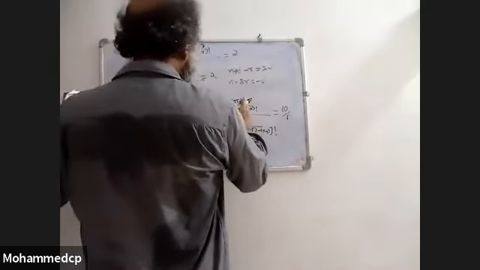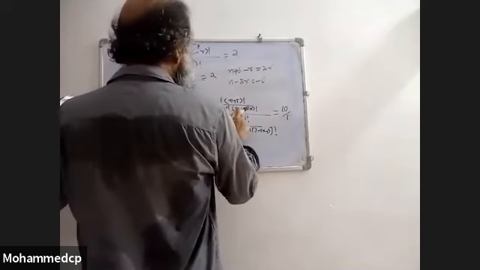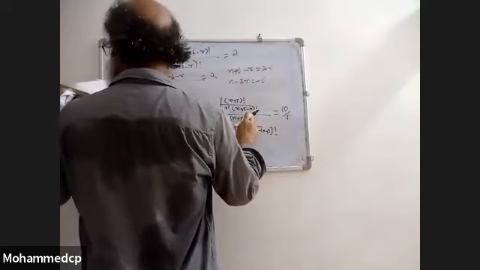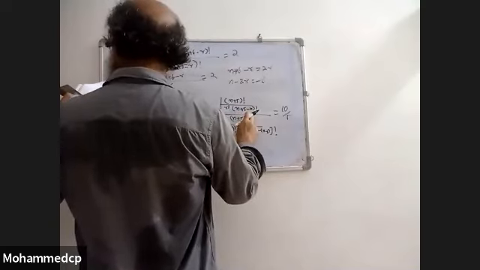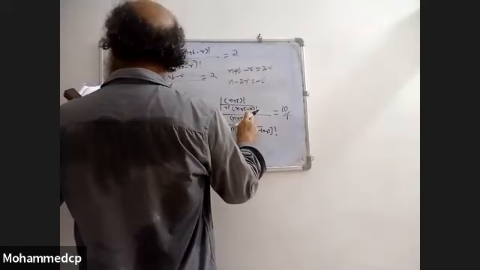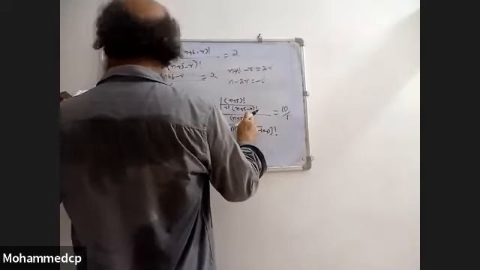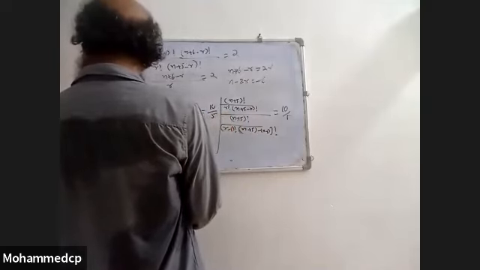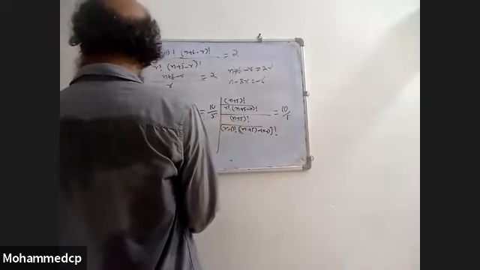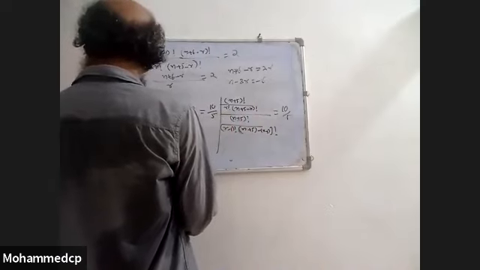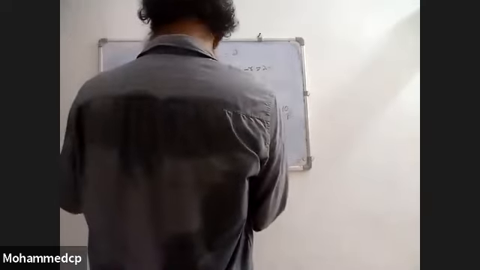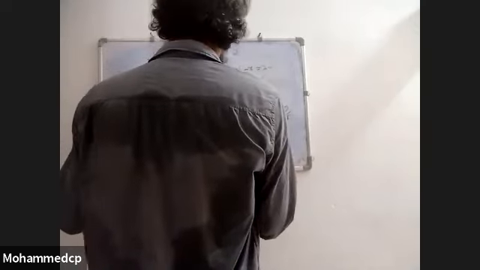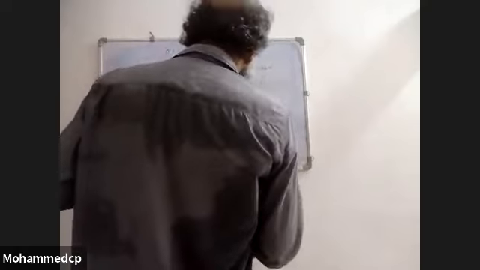N plus 5 factorial by R factorial into n plus 5 minus R factorial into R minus 1. Mistake.